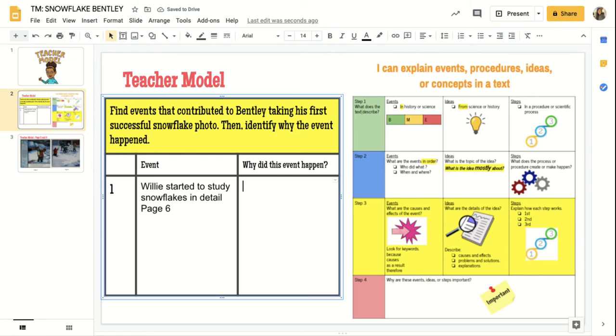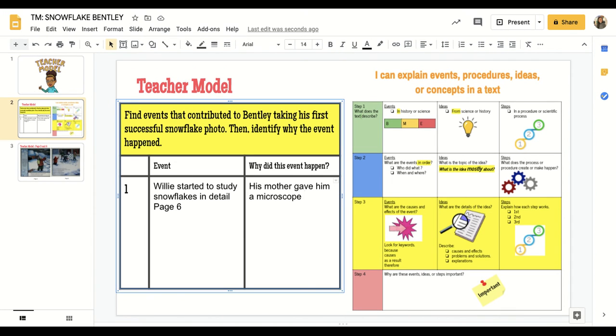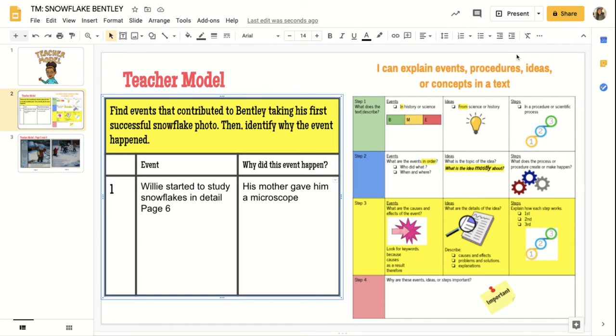This event happened because who gave Willie the microscope? His mom. His mother gave him a microscope. And done. So this is all that I'm doing. I found my event and I'm thinking about why this event happened.